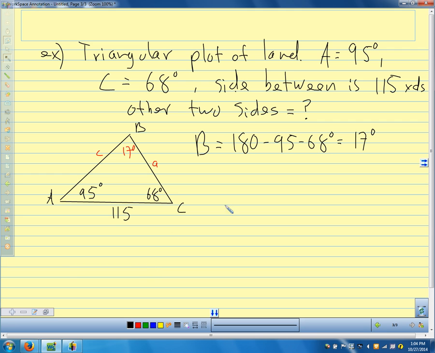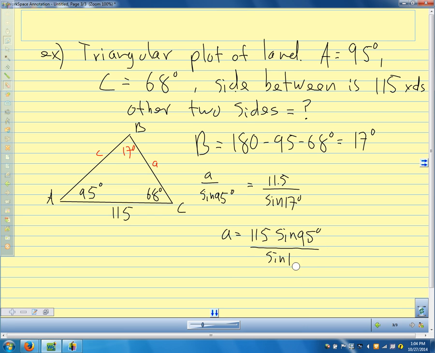And then we're set to plug into the law of sines. So let's find side A first. So A over sine 95 equals 115 over sine 17. So A is 115 sine 95 degrees over the sine of not 117 but 17.